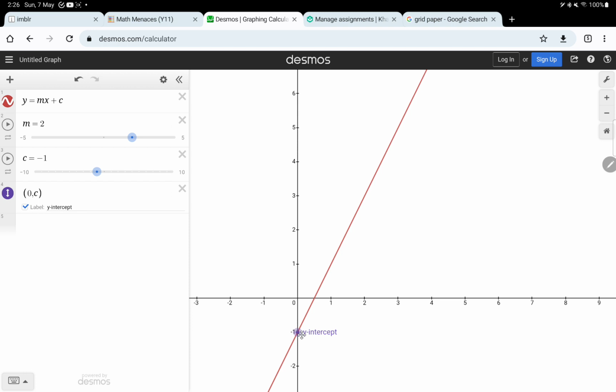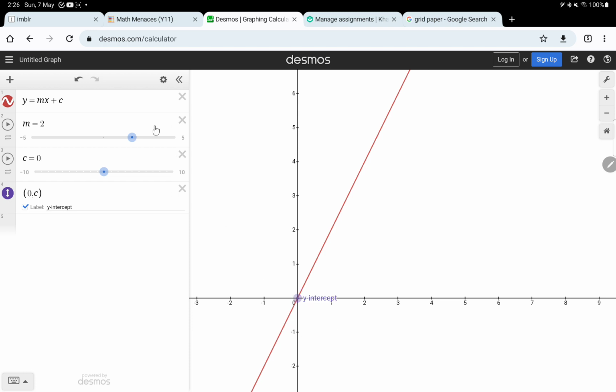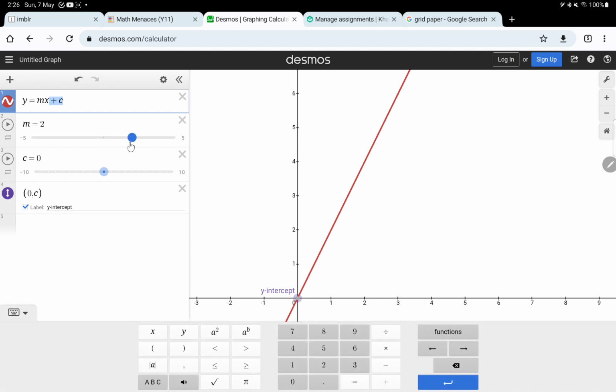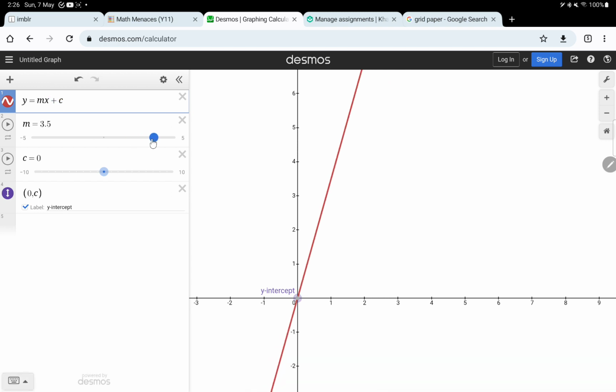Note how it always turns around the y-intercept, because if the c value doesn't change, the y-intercept doesn't change. c is literally the y-intercept, and m is only the slope of the graph, so which is steeper. Of course this one is steeper because the gradient is 5.